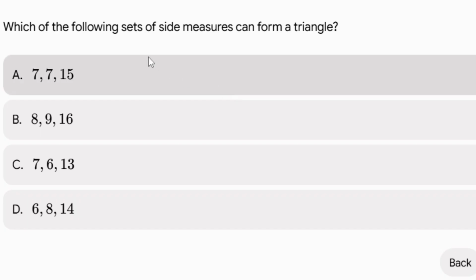Next problem: which of the following sets of side measures can form a triangle?